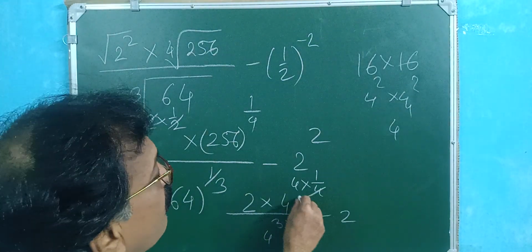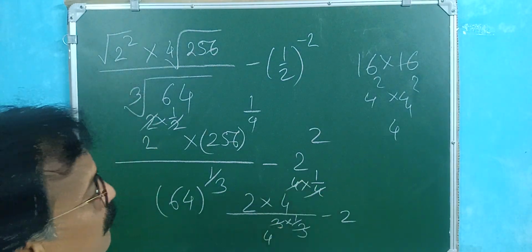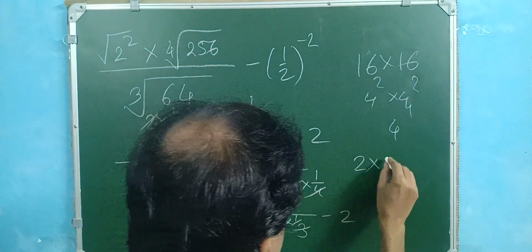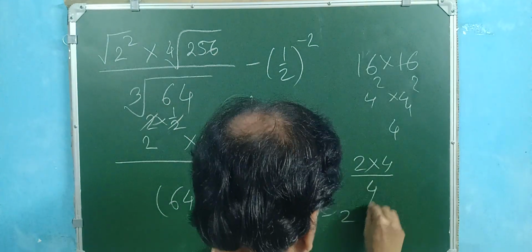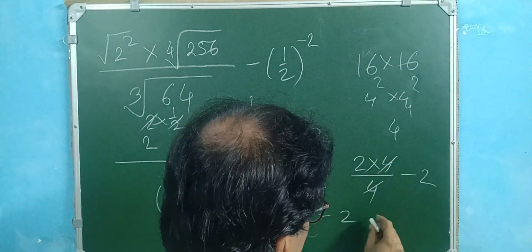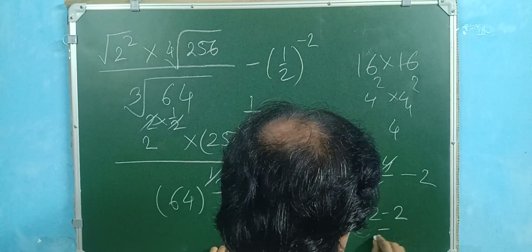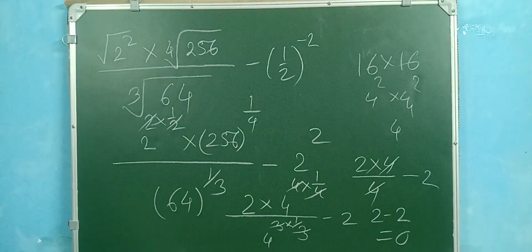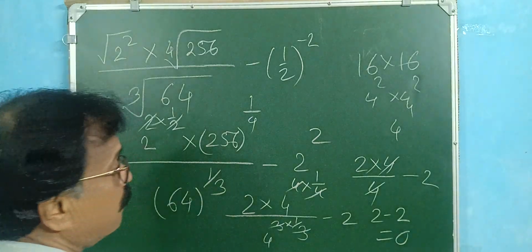So now this is cut. Okay, so this is ultimately 2 into 4 by 4 minus 2. So actually 2 minus 2, the answer is 0. Look, this is 2 square.